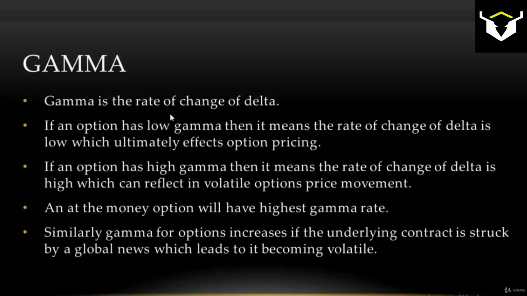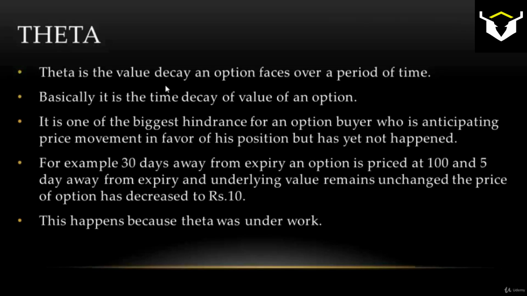And the rate of change of that volatility is determined by gamma. So higher gamma will indirectly reflect into higher option premiums, and lower gamma will indirectly reflect into lower option premiums. Theta. So the next option Greek is theta.